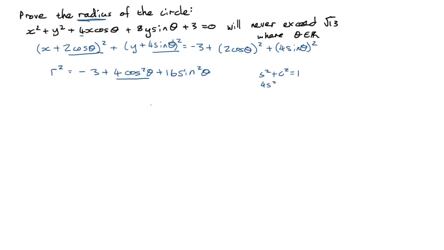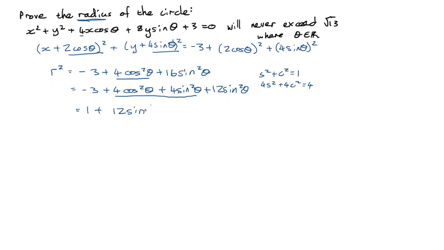If I had 4 sine squared plus 4 cos squared, the answer would be 4. So I'm going to use that knowledge of identities to split the 16 sine squared into 4 sine squared, and then I'll write out the other 12 sine squared. So 4 cos squared plus 4 sine squared is 4, so it's minus 3 plus 4, which is just the number 1, plus 12 sine squared.